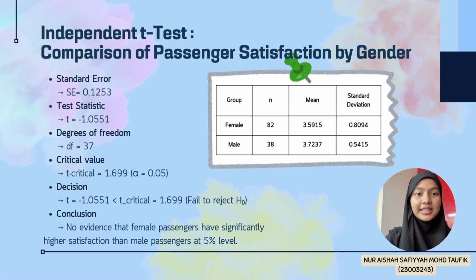Then the t statistic we found to be negative 1.0551, with the degrees of freedom taken as 37. The critical t-value of this one-tailed test at the 5% level is 1.699. Since the computed t statistic is less than the critical value, we fail to reject the null hypothesis. Therefore, we conclude that there is no evidence to show that the female passengers have significantly higher satisfaction than the male passengers at the 5% level of significance. So that's all for my part.